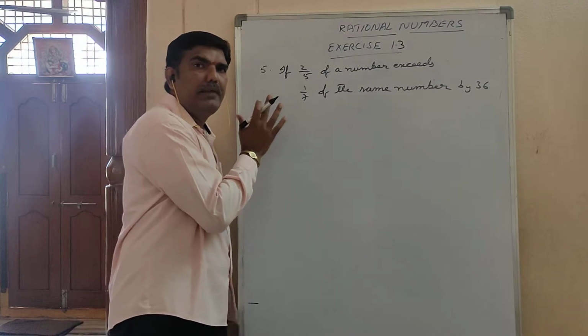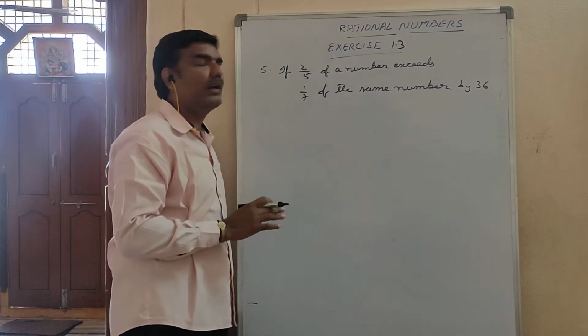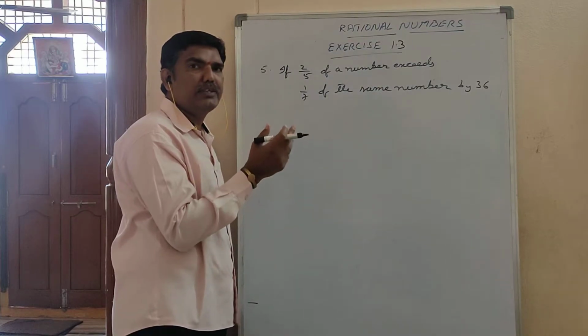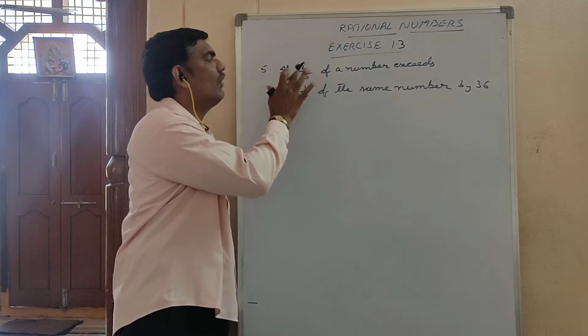See, if you want to get the answer, first you should know English very well. Because you are studying in English medium, they will give the question in English itself. Now, try to understand what is given.